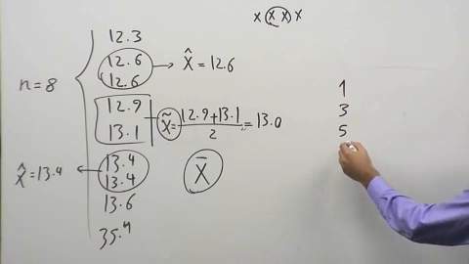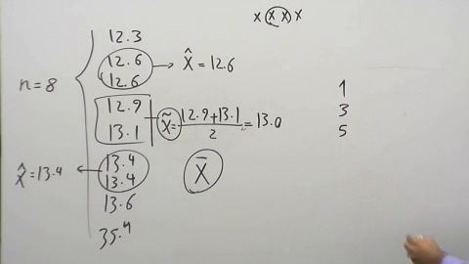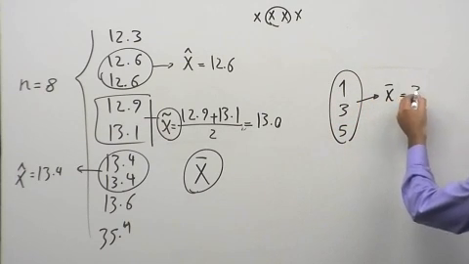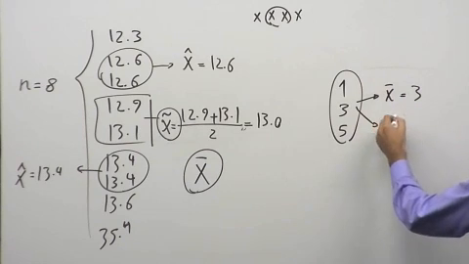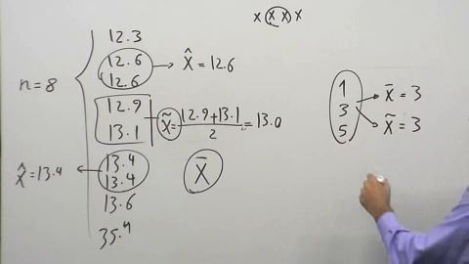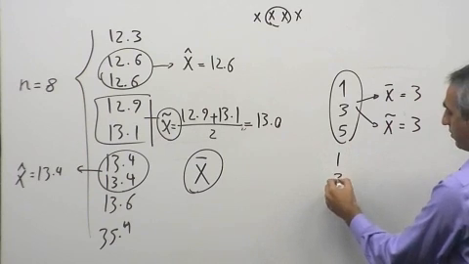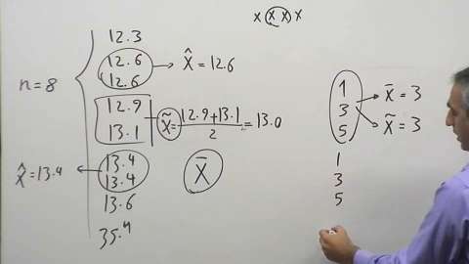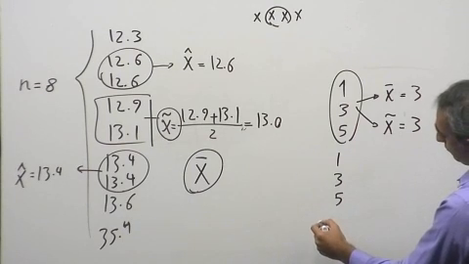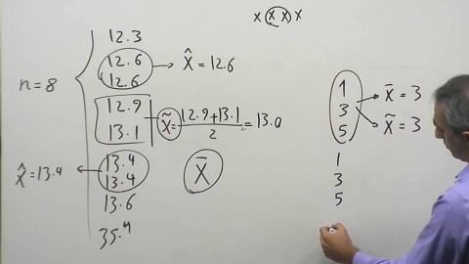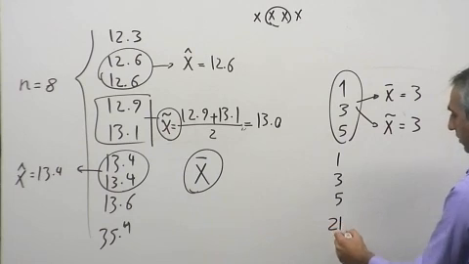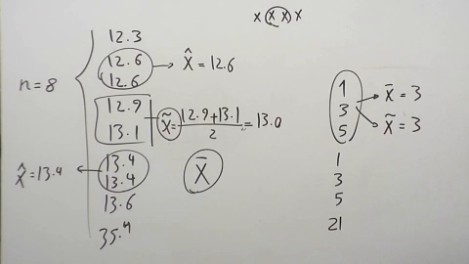1, 3, 5. Let's say, what is the average for this? It is 3. What is the median of this? It is again 3. Okay? What if I change this to 1, 3, 5, and 21?